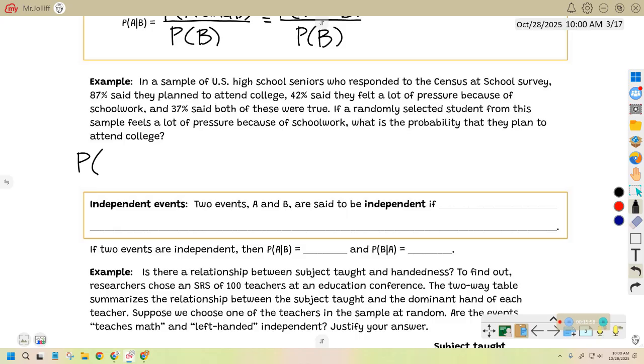Mario, what's the last part of the question say? Good. So this is attend college. And what do we know about this student? Feel pressure. Very good. Given that we know they feel pressure.